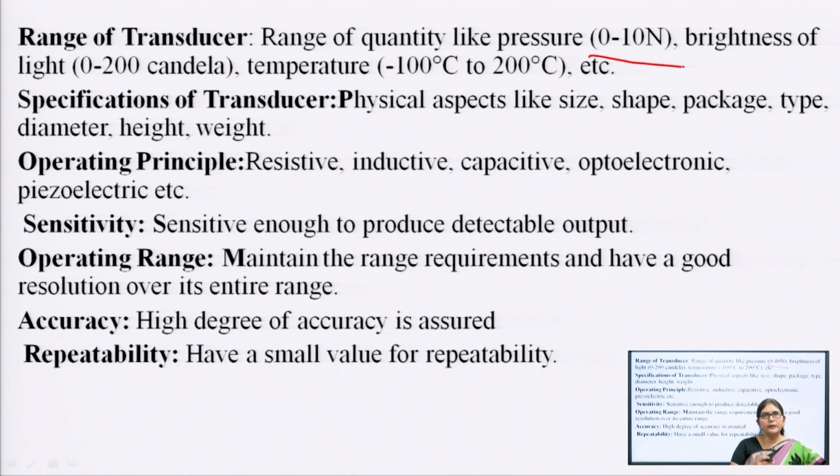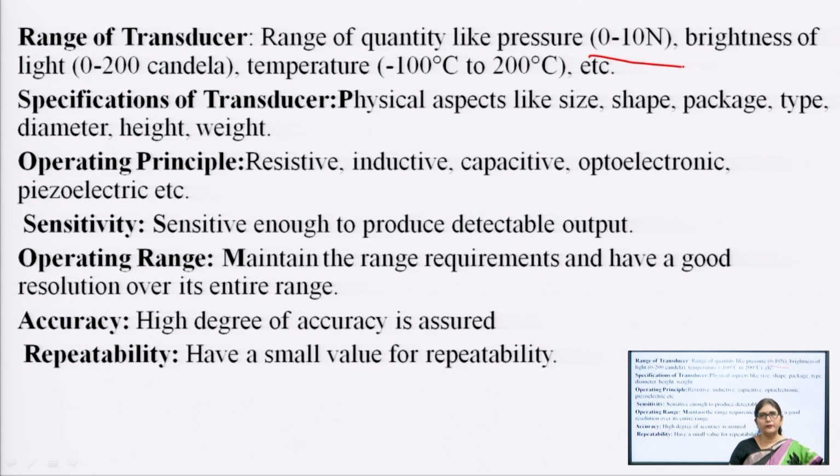So, we can't measure this 0 to 10 Newton pressure by that particular transducer. Similarly, temperature range, if temperature transducers are used, then the range should be taken care of. So, range of transducer is also a very important factor.